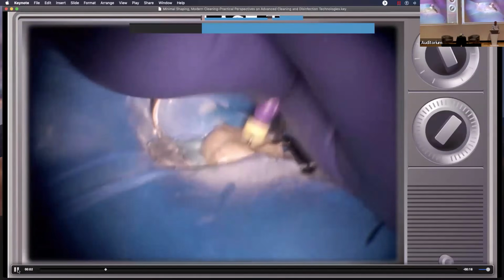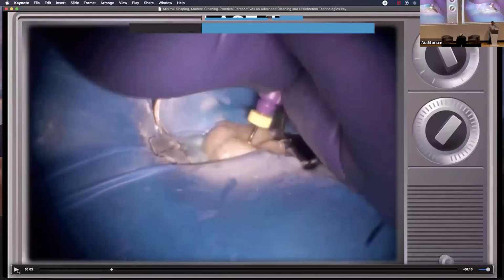So if it's kind of tight... Kevin brought this up earlier, that he saw me doing some push-pull filing. I've got the file in the canal already. If I've struggled getting that 10 hand file down, I'm going to do some push-pull filing, shorter length, but with a 10 hand file you can stick it out the end of the tooth. Nothing's going to happen.